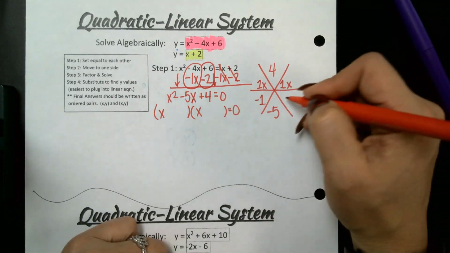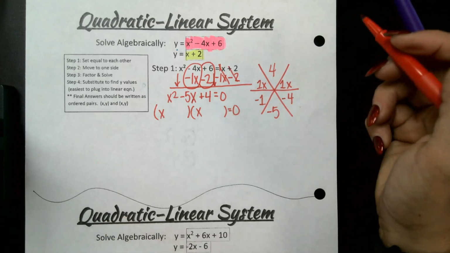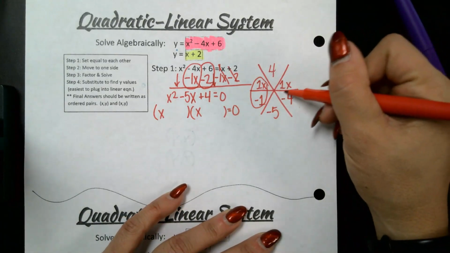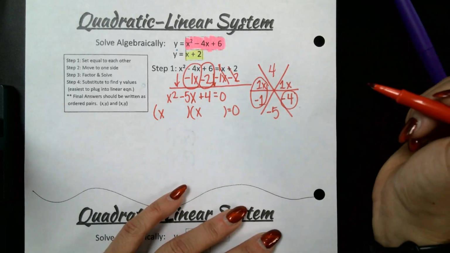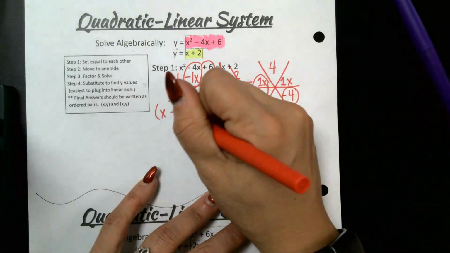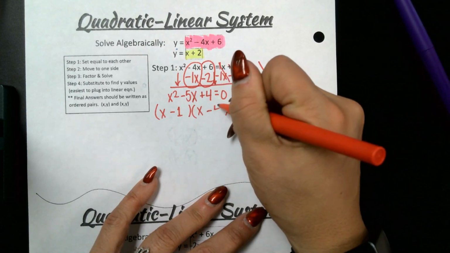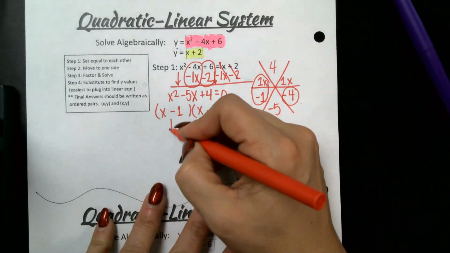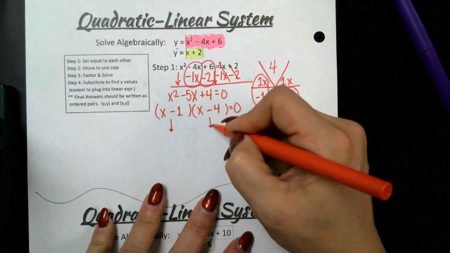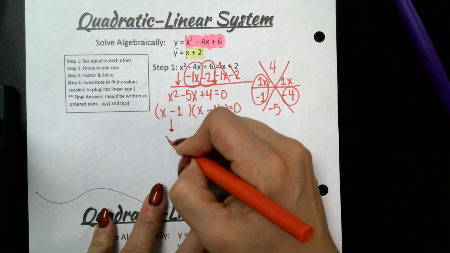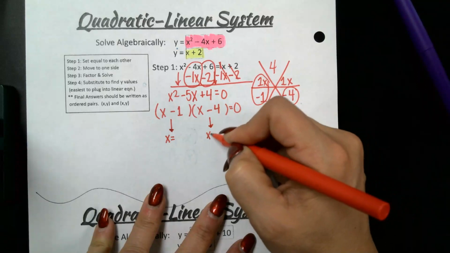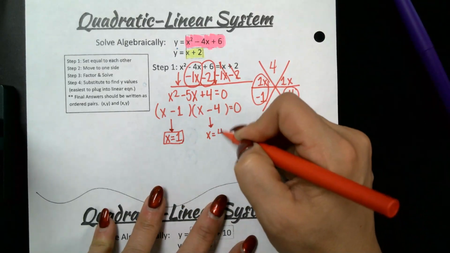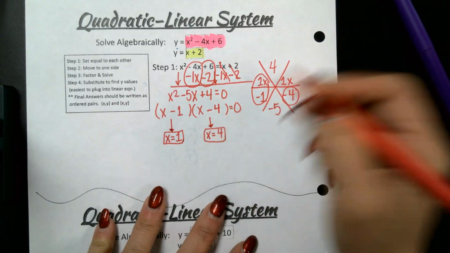I agree with that. Two negatives multiply to make a positive, but they add together to stay negative, so that's good. Okay, so we've got x minus 1 and x minus 4 for factored form, which means our two answers are positive 1 and positive 4. Nice job.